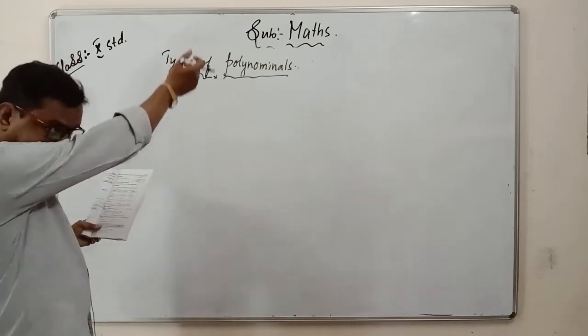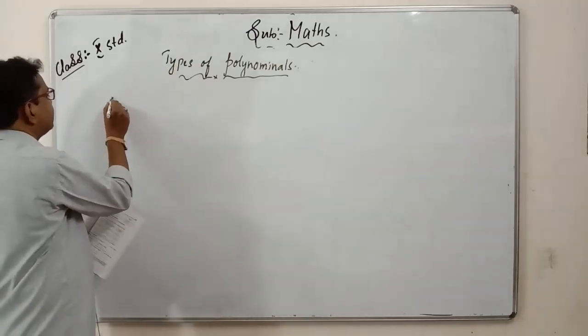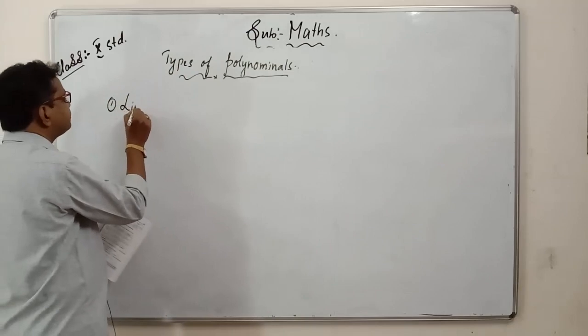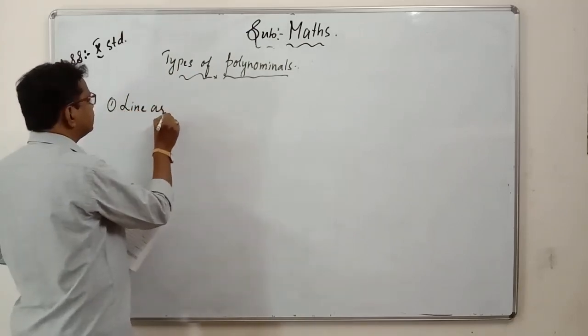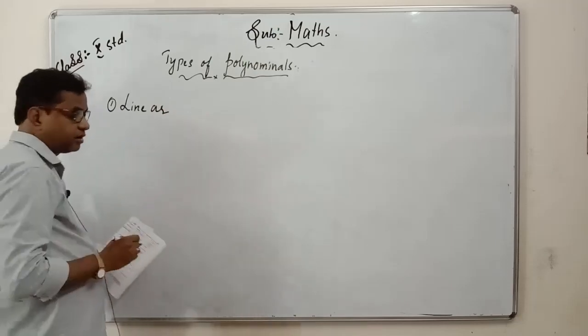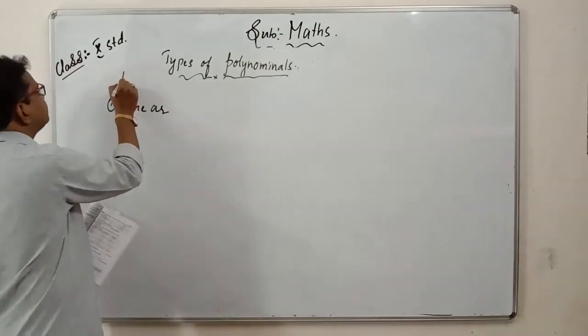For example, the first polynomial is linear polynomial. It is called linear polynomial, or you can give the heading polynomial here.